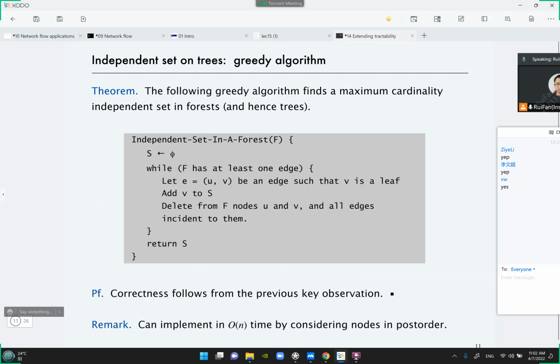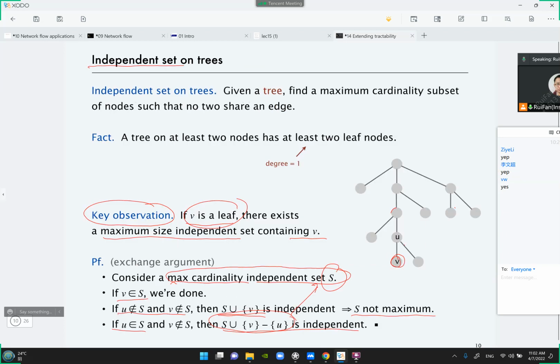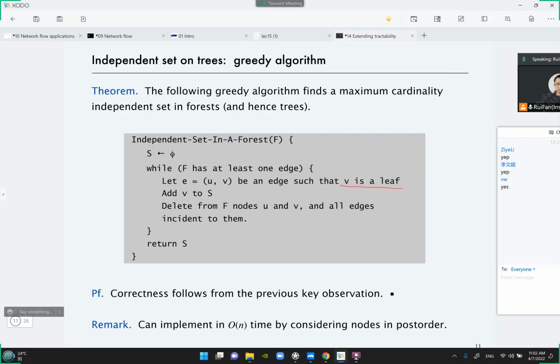Now that we have this observation, we can use it to develop an algorithm. The algorithm is going to work like this. We're going to look for a leaf. You have a big graph, and you just pick any leaf. By this observation, we're guaranteed that this leaf is in some maximum independent set.